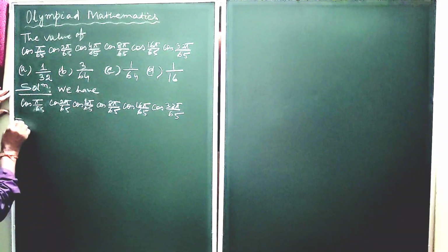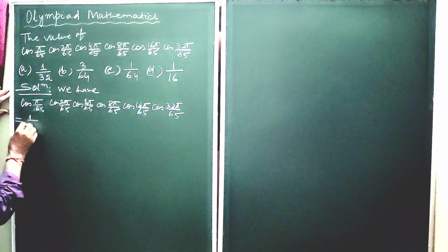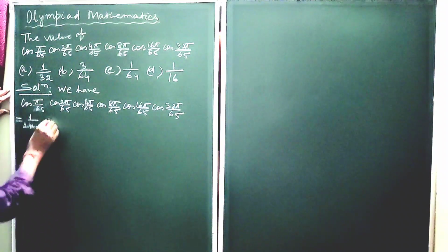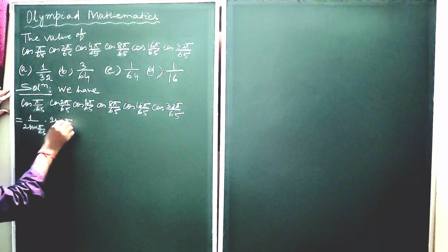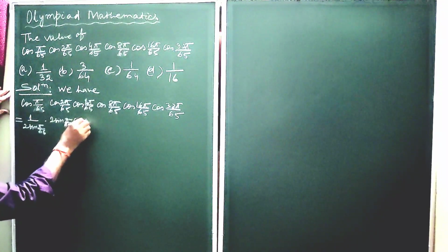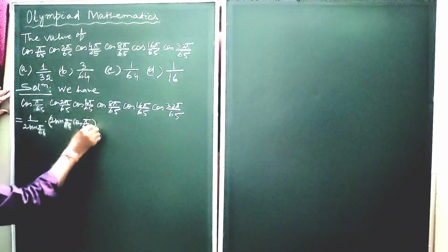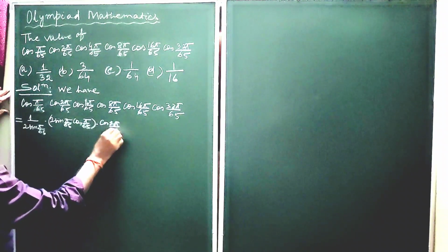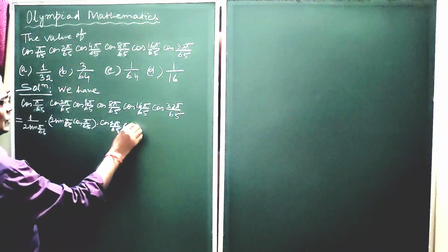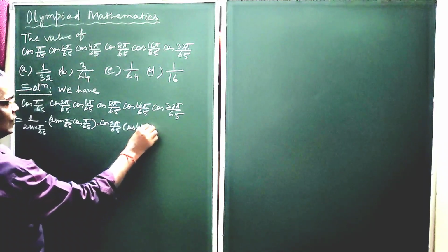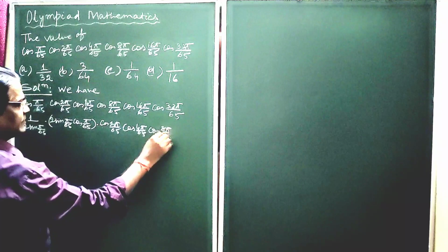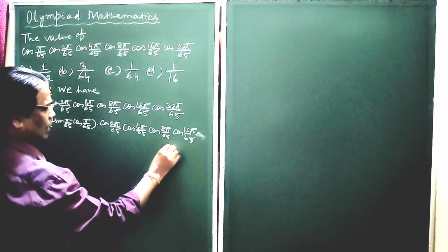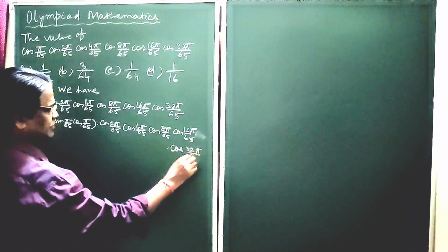We can write this as 1 by 2 sin pi by 65 into 2 sin pi by 65 cos pi by 65 into cos 2 pi by 65 into cos 4 pi by 65 cos 8 pi by 65 cos 16 pi by 65 into cos 32 pi by 65.